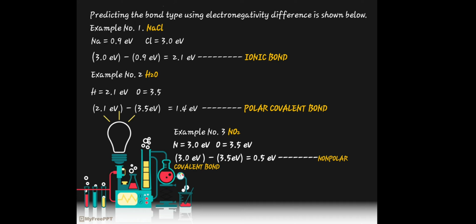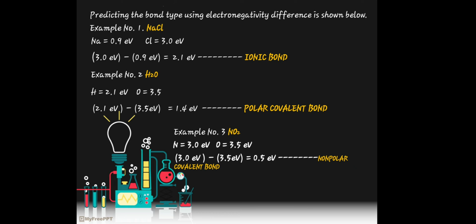You have two elements, sodium and chlorine. You will just get the electronegativity of each element. Chlorine is 3.0. You can get it in the periodic table or in the table I showed earlier. Then subtract it from the electronegativity of sodium.